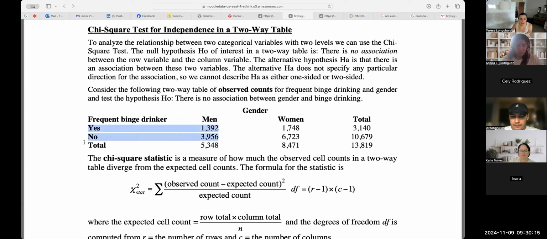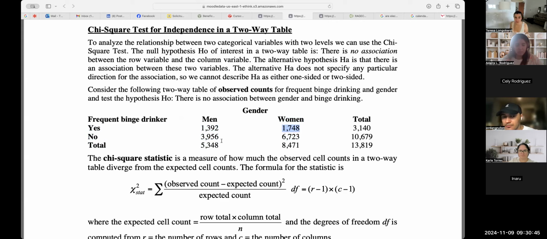So are men and women different, in this case, in their frequency to binge drink? So this is drinking too much, right? And so we have some data, and how are we going to see if these are different? Is 1,392 men saying yes different from 1,748 women? So does it mean women are more likely to binge drink?